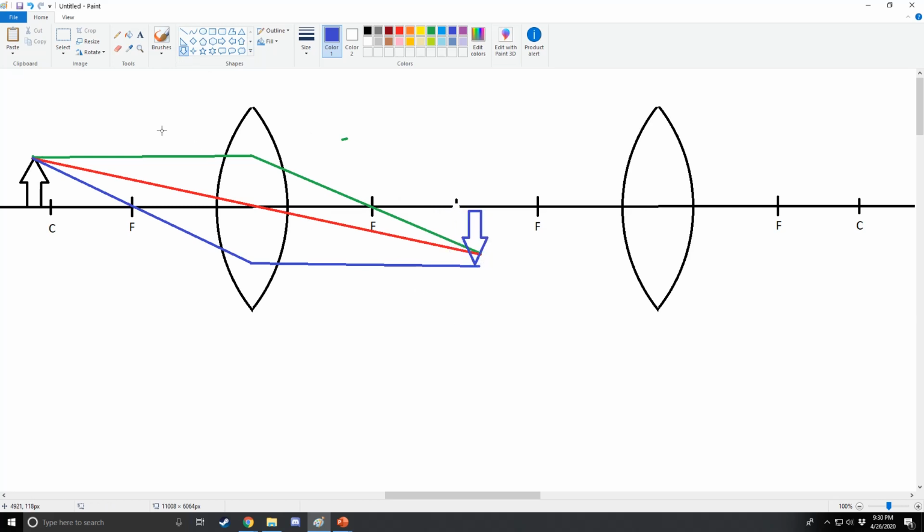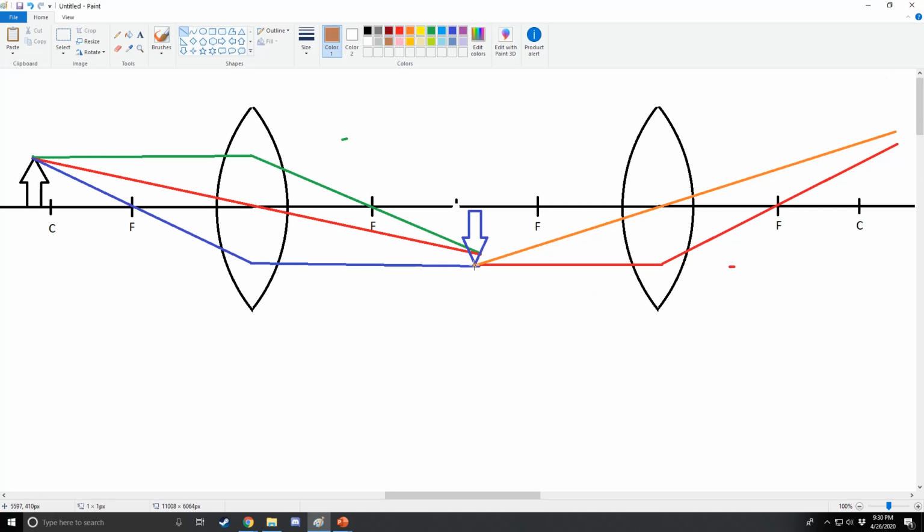And then from here, I'm going to do essentially the same thing. I'm going to do another set of lines. I'm going to go parallel through the focal point. I'm going to go through the center. I know they don't cross, but they will cross eventually.